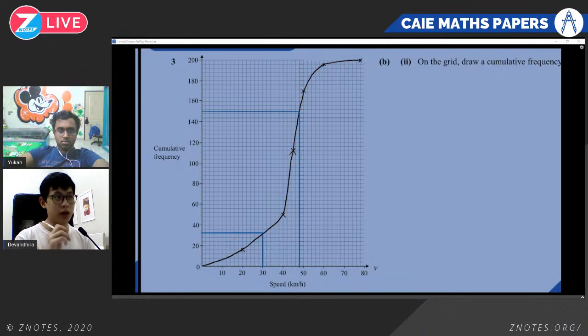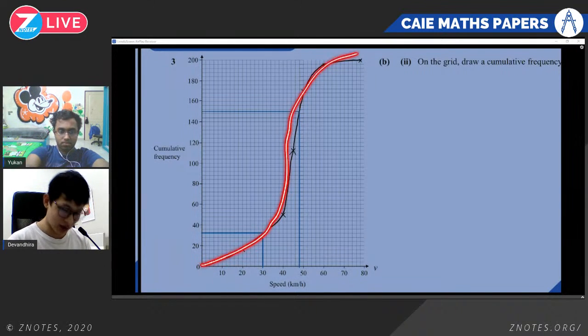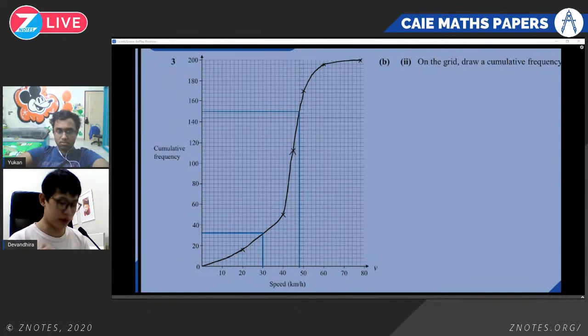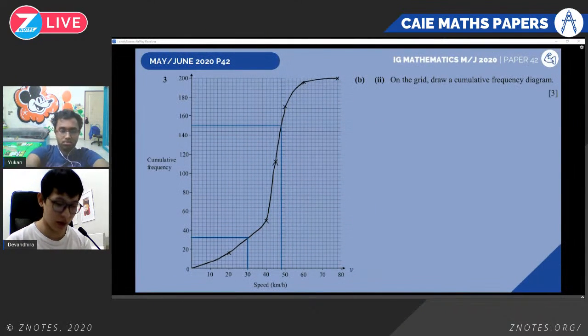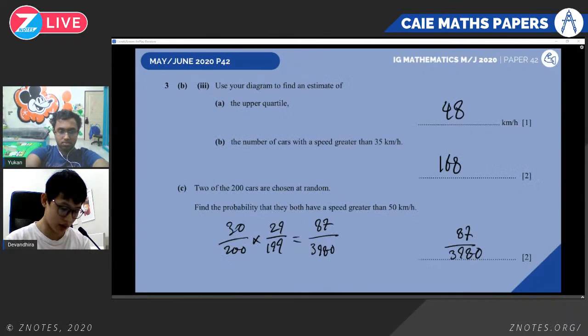And make sure when you draw it, make a smooth line. I can't really draw it. I'm pretty sure you can do better than me. Especially with pencil. I think using a pencil is much easier. You just have to draw it like that. Make sure it passes through all the points. And you have your easy 3 marks. Alright, so let's go to the next one.